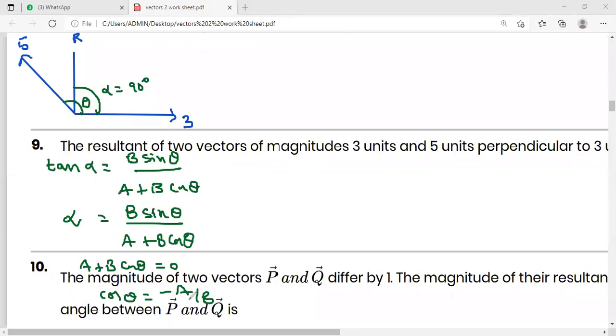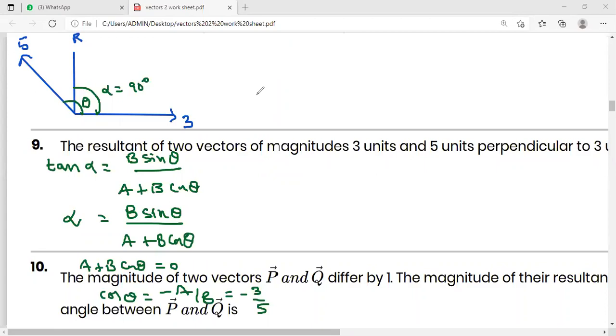Okay. Now, A value we know, B value we know. What is the A value? 3 only. B value is 5. So cos theta equals minus 3 by 5. Now, theta equals how much then?